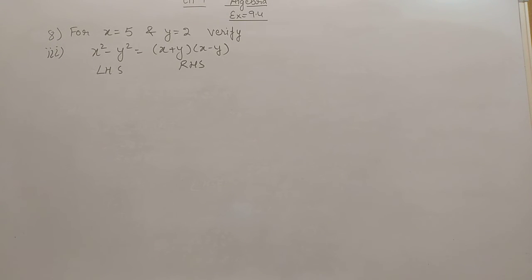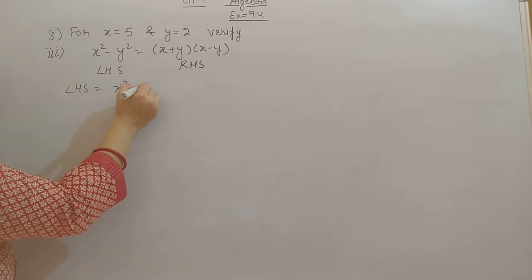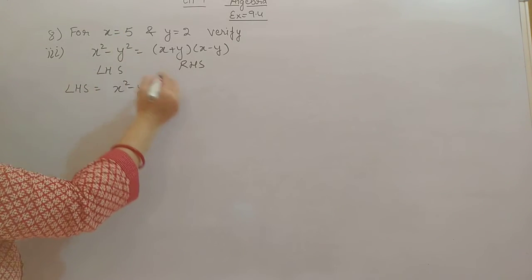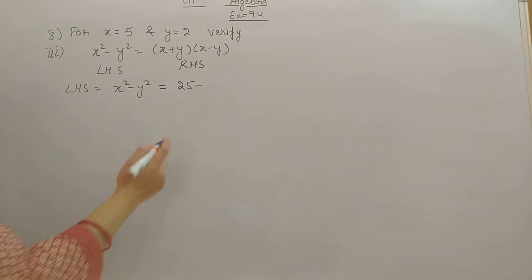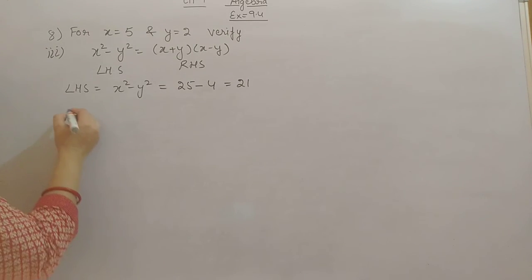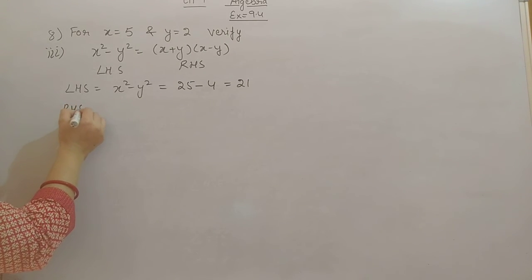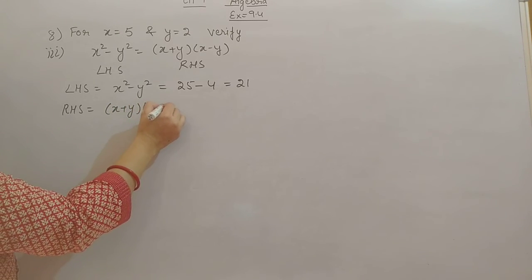Next, third part, x square minus y square is equal to x plus y, x minus y. So first left side we will take x square minus y square. X square means 5 into 5, 25. Y square means 2 into 2, 4. So 25 minus 4 is 21. Now right side we will check x plus y multiplied by x minus y.